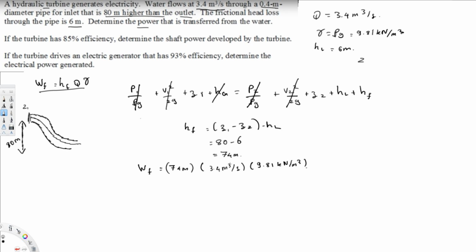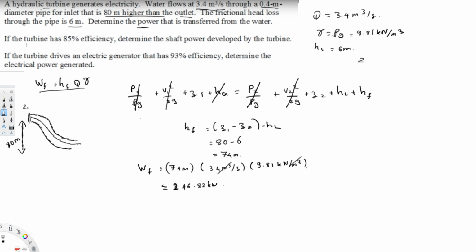If we cancel all the units, we will end up with kilonewton meter per second, that's going to be kilowatts. And if you calculate this one, it comes out to be 246.82 kilowatts. And that is the answer for the first question right here. So that's the power that's transferred from the water.